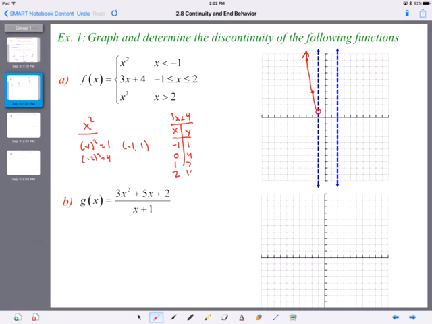And if you plug in 2, you get 10. So you're going to plot all of those. Now these are included, so you're going to have closed circles on each of these. At (-1, 1) it was open, but now it's going to be closed, so we'll fill that in. (0, 4), (1, 7), and (2, 10).